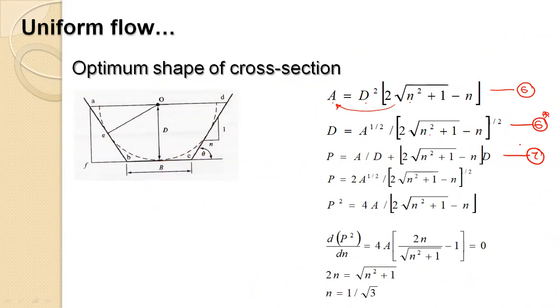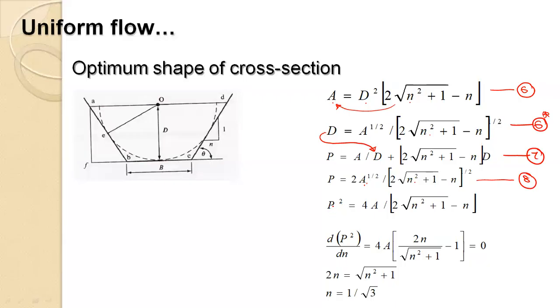Then do the substitution for D here, so I got another expression. I'll call this one 8. Now I got an expression for P only using A and N. I don't see any D terms here.